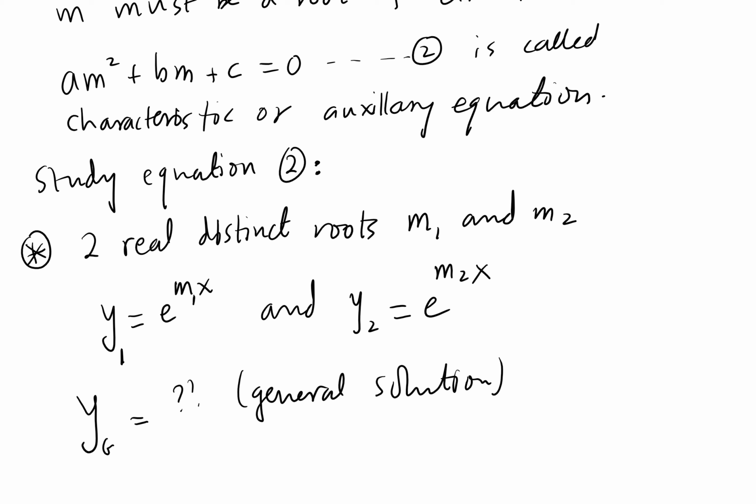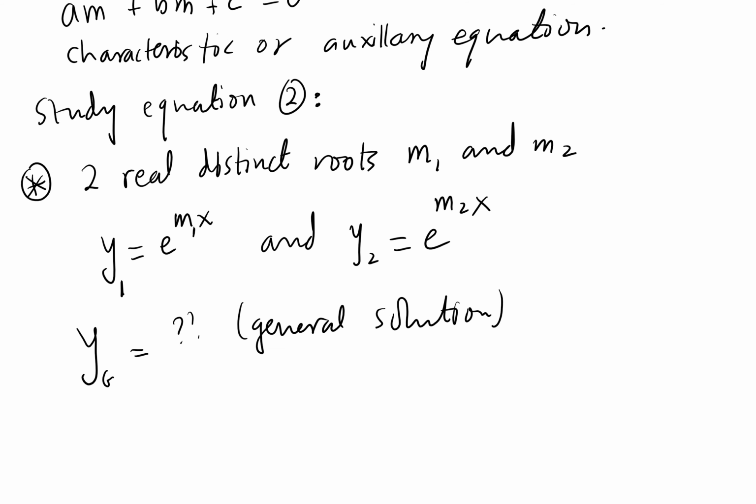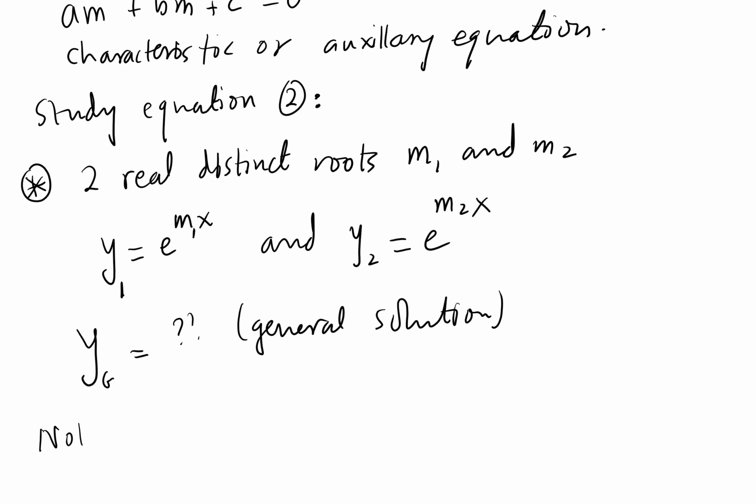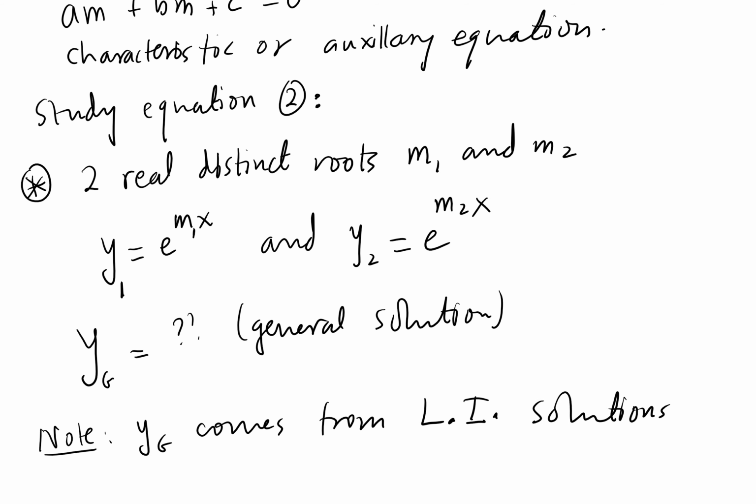If you remember from previous sections, note the general solution comes from linearly independent solutions. And if these two solutions, y1 and y2, are these linearly independent?